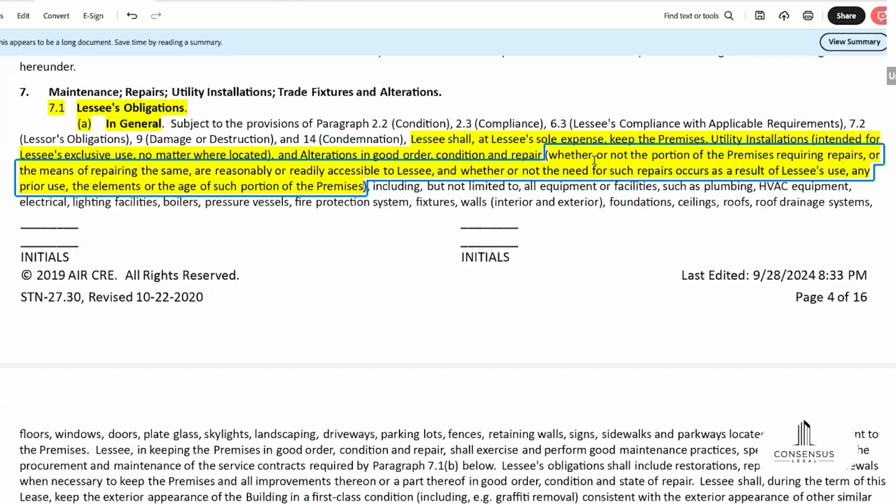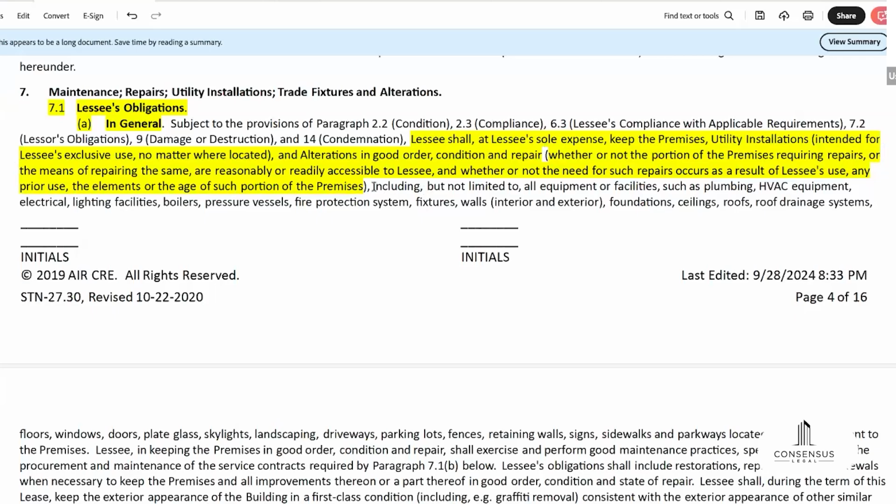And what if that plumbing line is 50 years old and it didn't burst, it didn't rupture because of anything lessee did, but just because it was really old? This parenthetical clarifies that lessee is responsible in such situation.